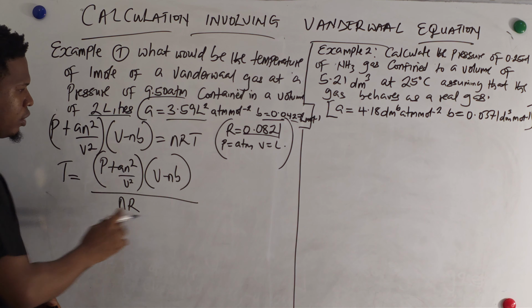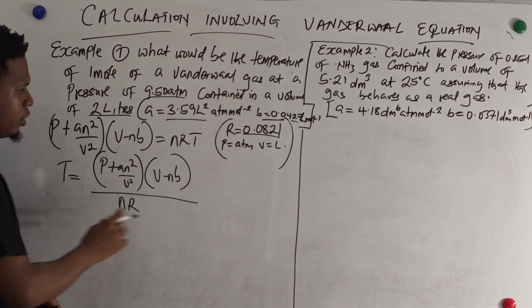P is 9.50 plus, what is A? A is 3.59 into 1 squared all over, what is V? 2 liters. V is 2, so 2 squared.